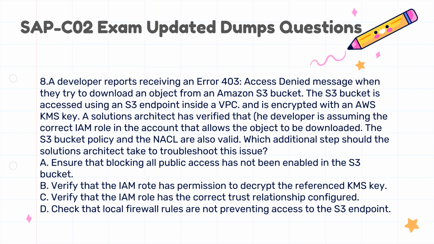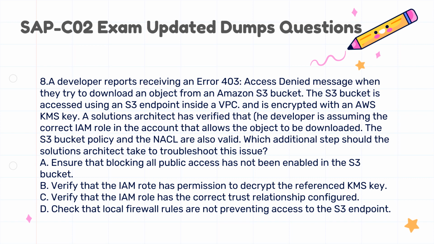A solutions architect has verified that the developer is assuming the correct IAM role in the account that allows the object to be downloaded. The S3 bucket policy and the NACL are also valid. Which additional step should the solutions architect take to troubleshoot this issue?